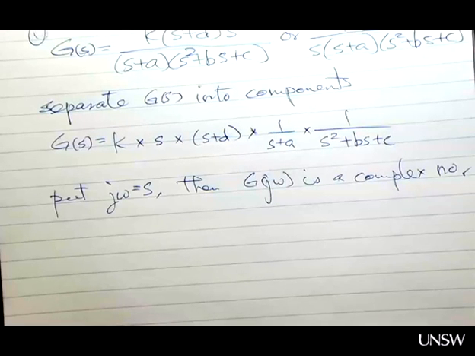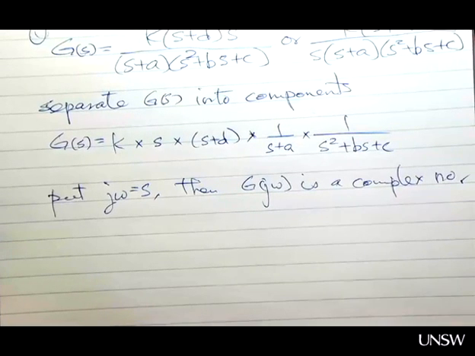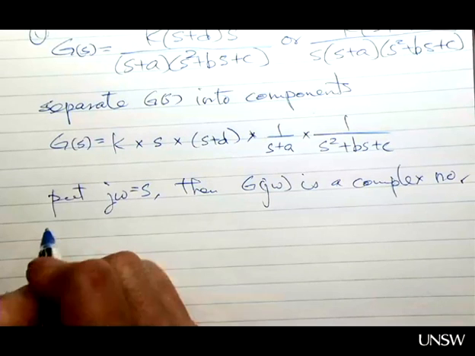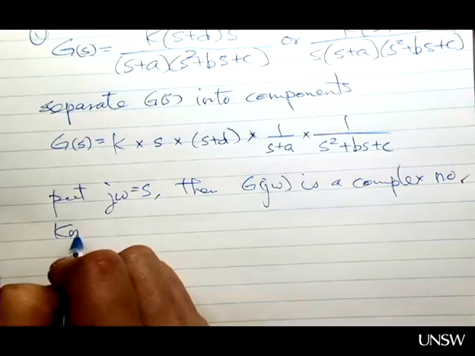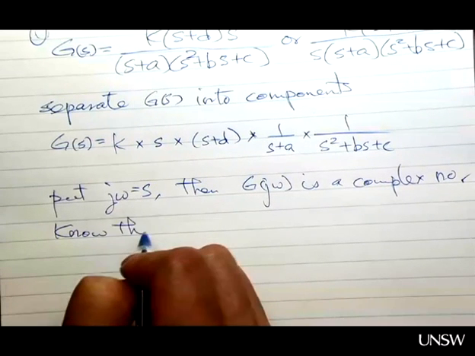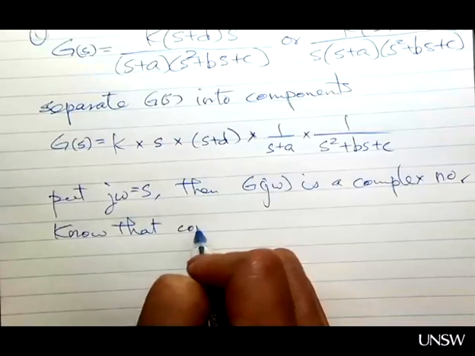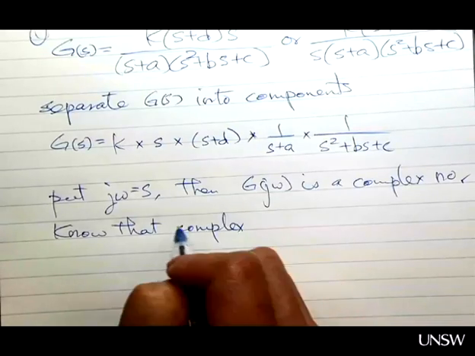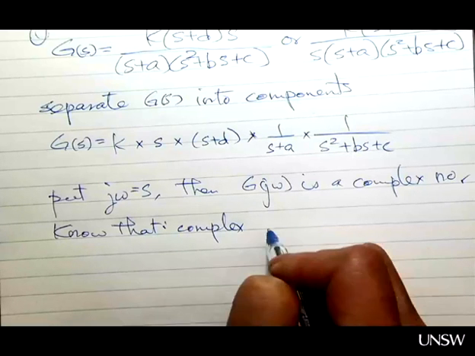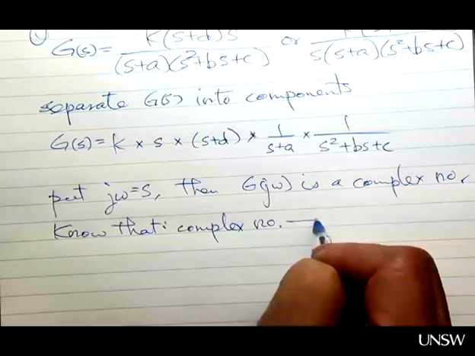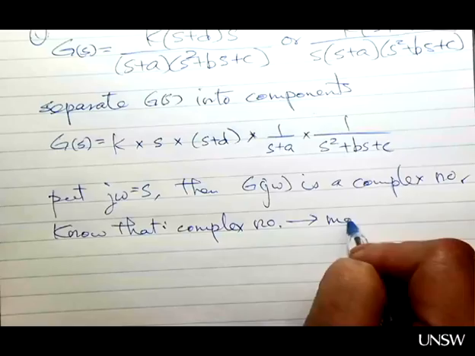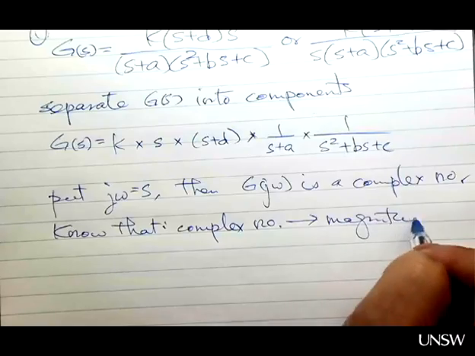In calculations concerned with complex numbers, we know that a complex number has two components, the magnitude and also the phase angle.